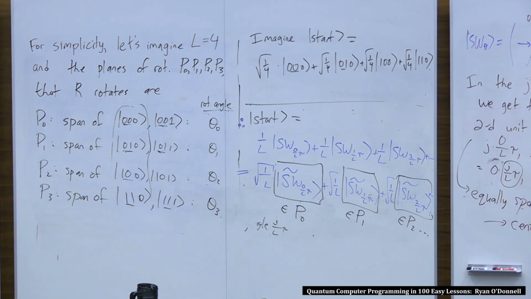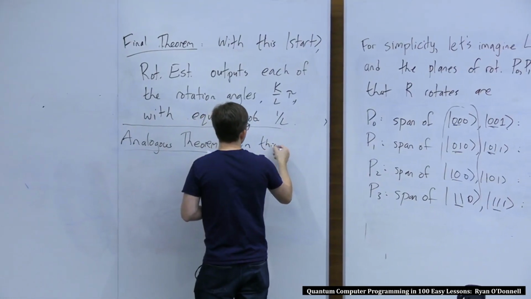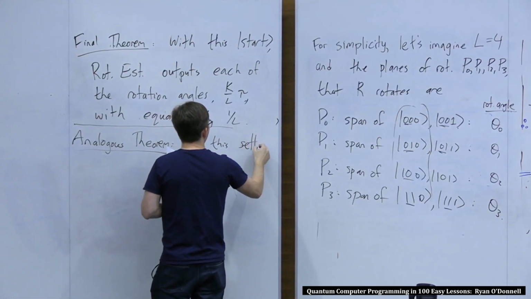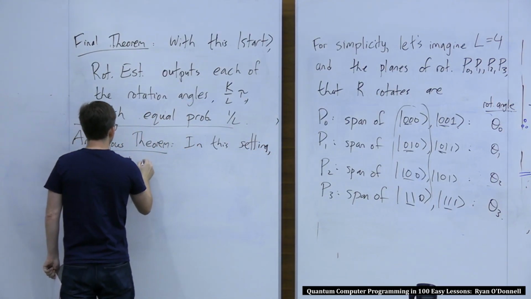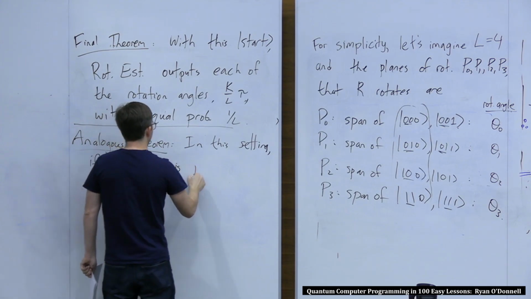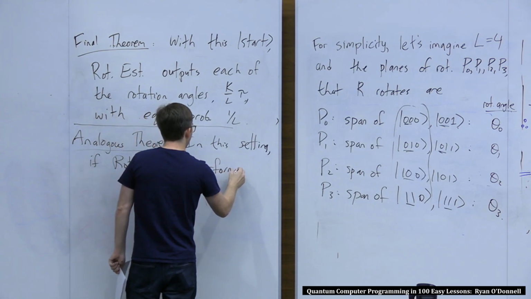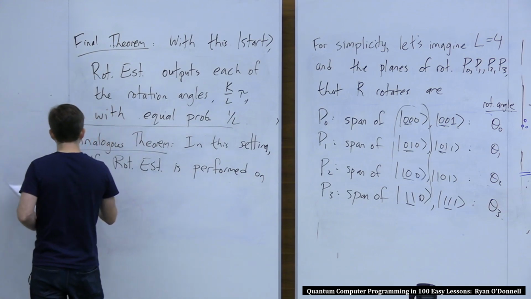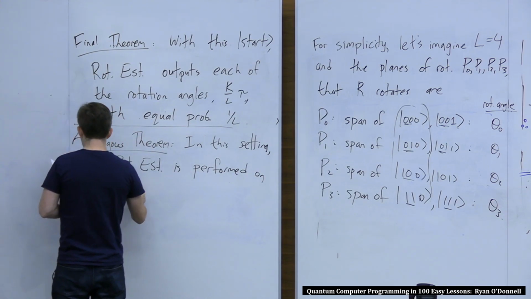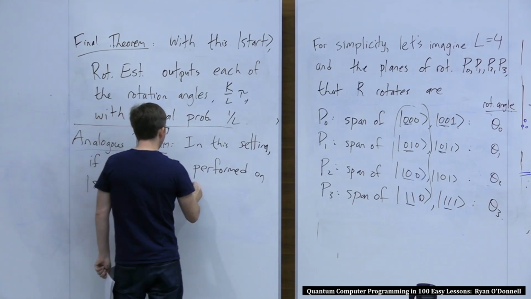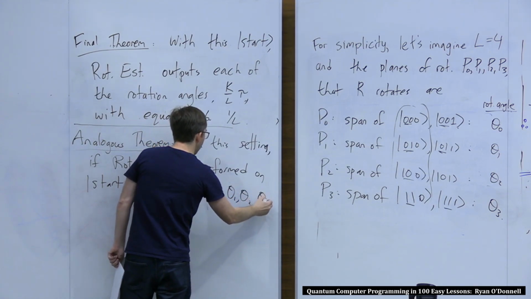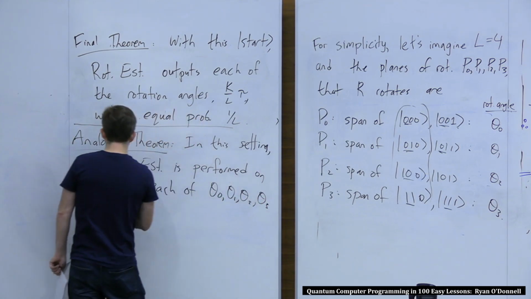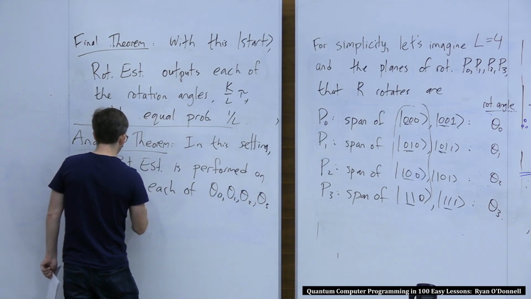Okay, so what is the analogous theorem? It's that in this simpler setting, if rotation estimation is performed on this start, each of theta 0, theta 1, theta 2, and theta 3 is output with equal probability, which is 1/4 each.